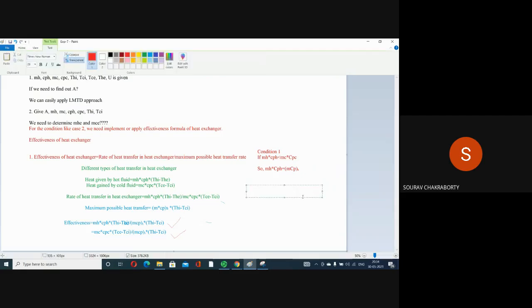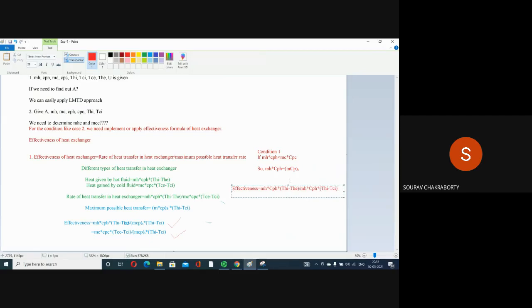The effectiveness we can write down. Effectiveness will be equal to MH into CPH into (THI minus THE), divided by MCPS. MCPS is equal to MHCPH, so we can write MHCPH instead, into (THI minus TCI).